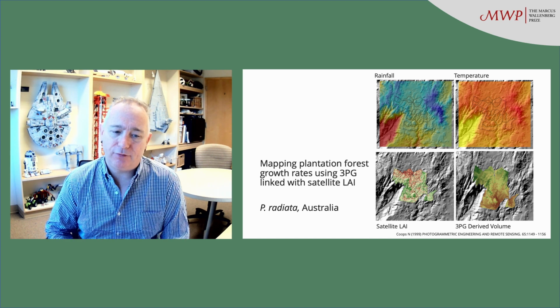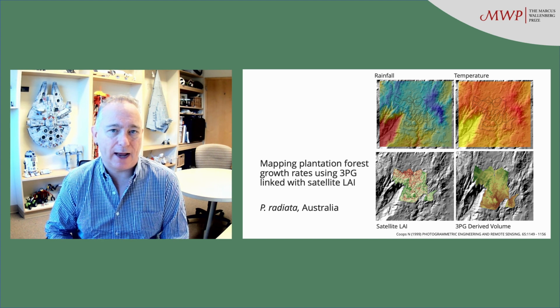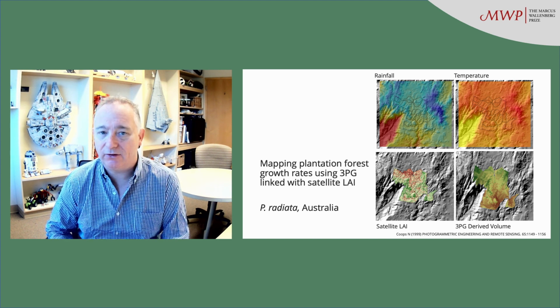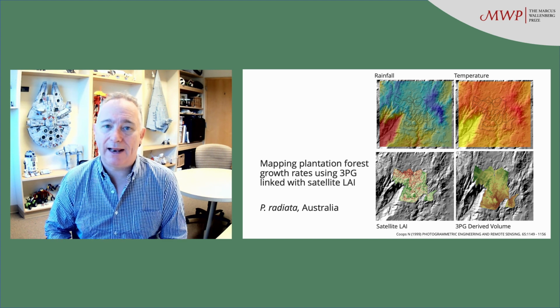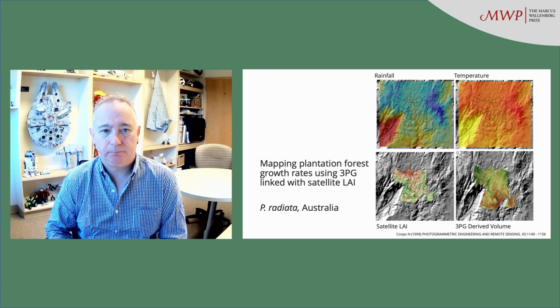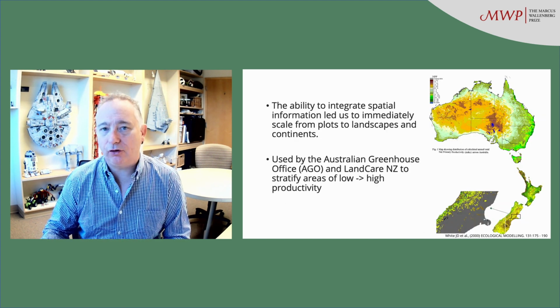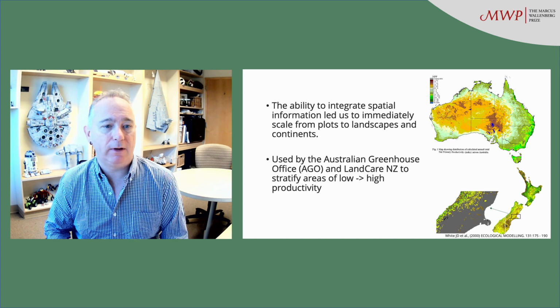Now we're able to derive 3PG predictions of growth at a very fine spatial scale, 30 meters by 30 meters, giving us all the richness that the landscape has in terms of driving that forest growth. While we were doing this at the 30-meter scale, we were also looking at how to apply 3PG more regionally.